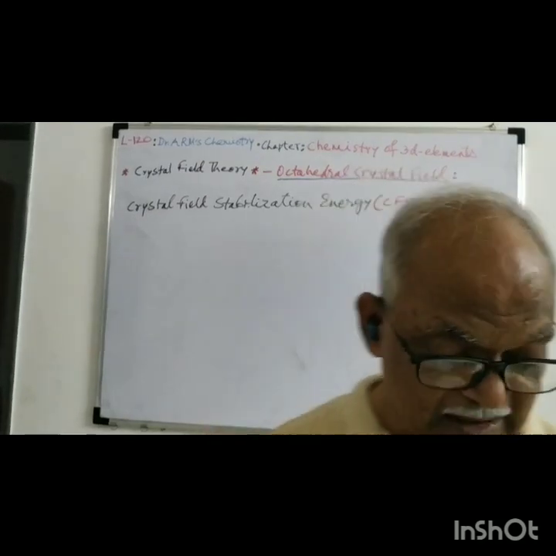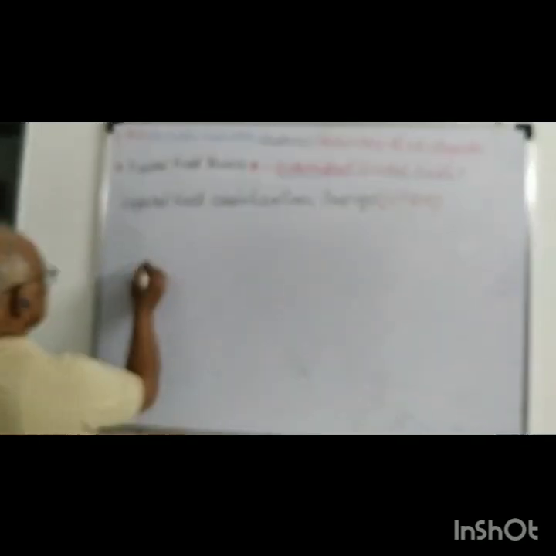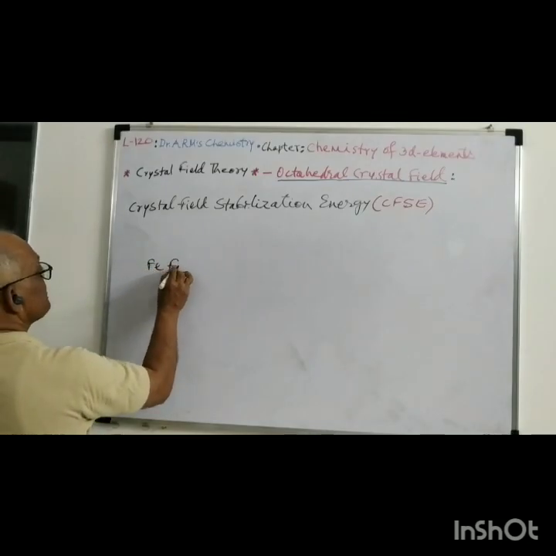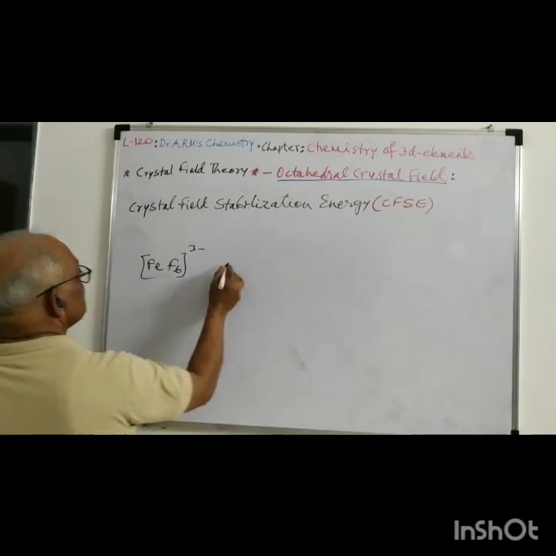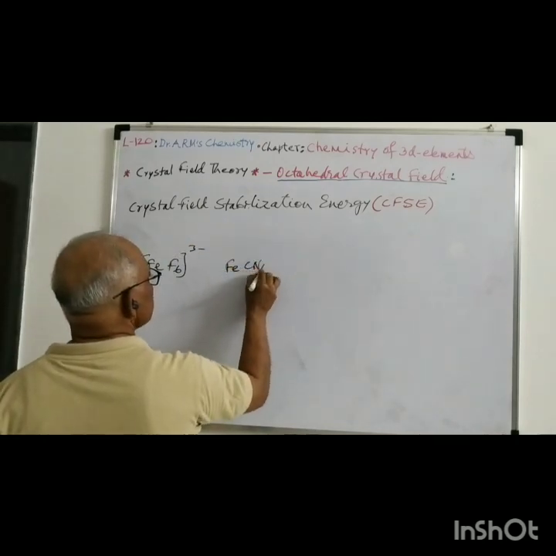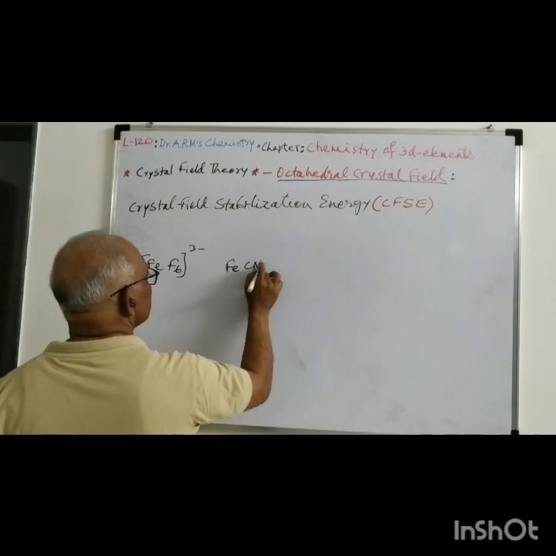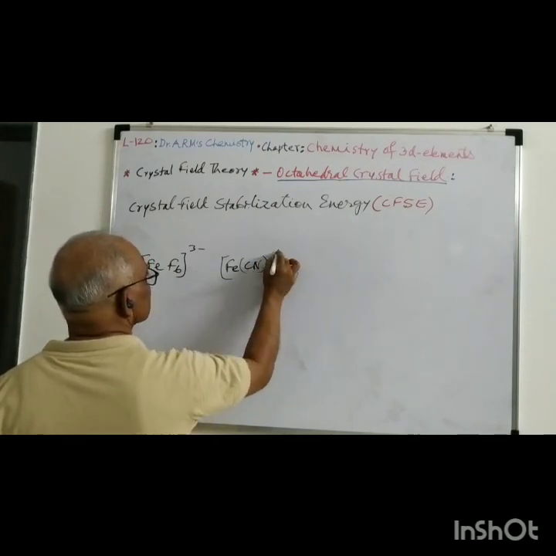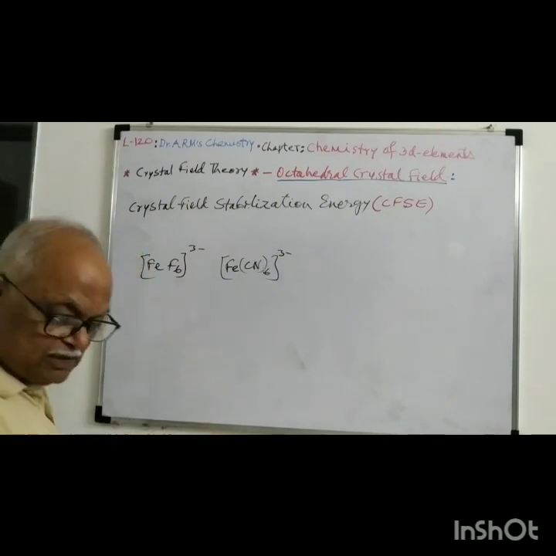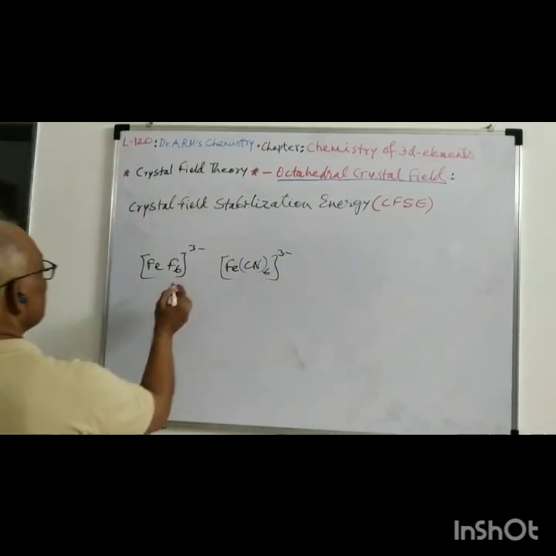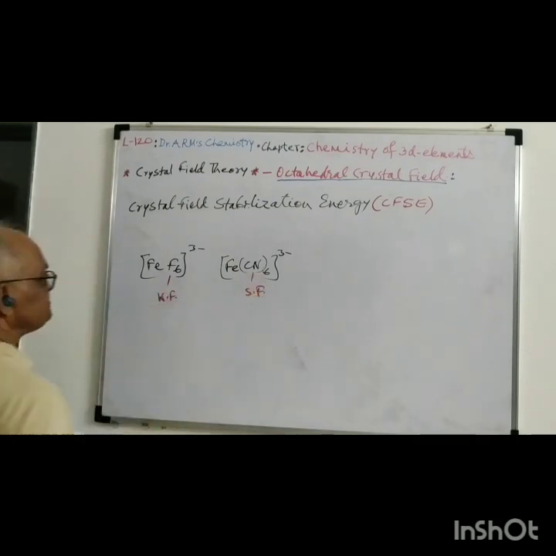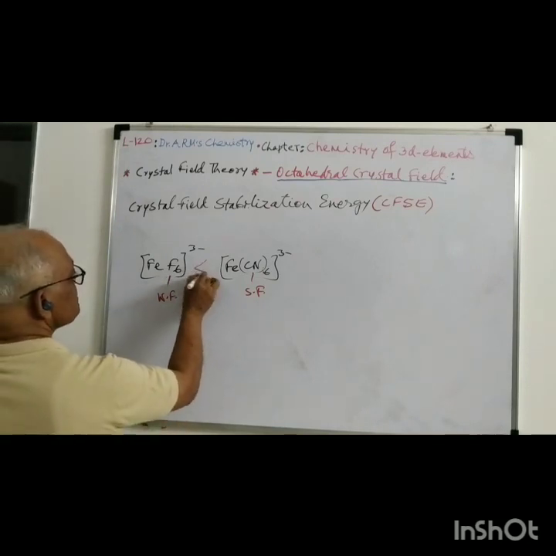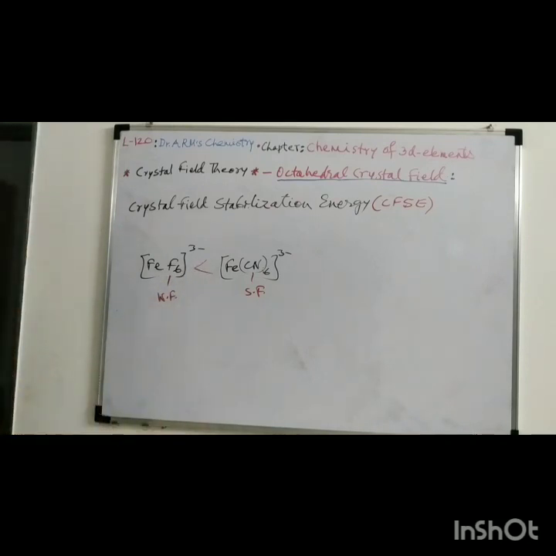So if we consider a few examples, say FeF6 3 minus, then Fe(CN)6 3 minus, here you will find that this ligand is weak field, this ligand is strong field, and because of this the complex is more stable.